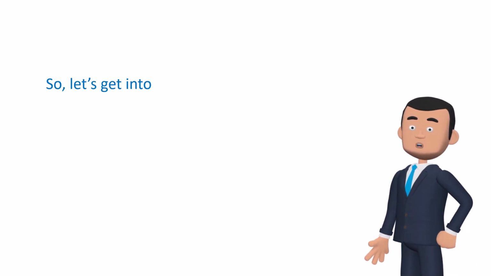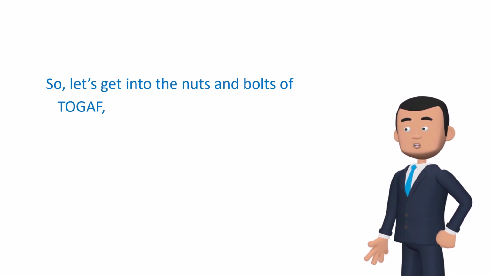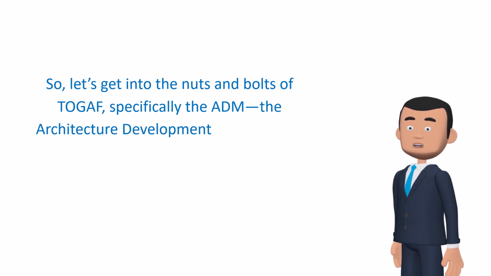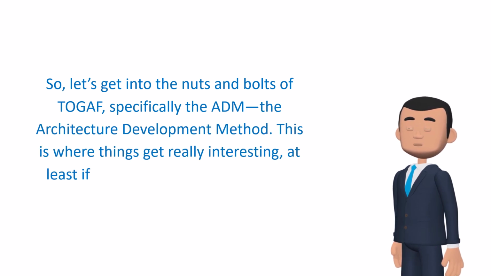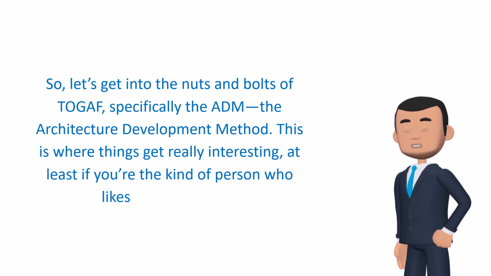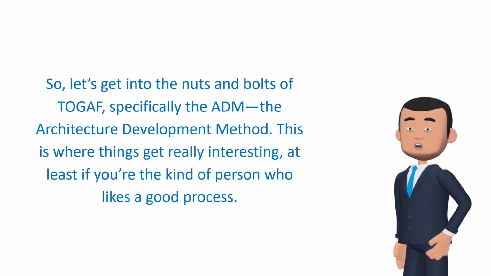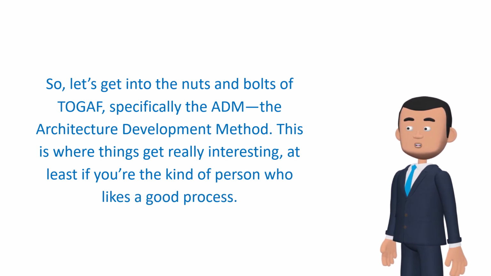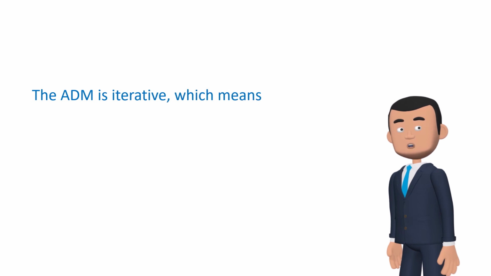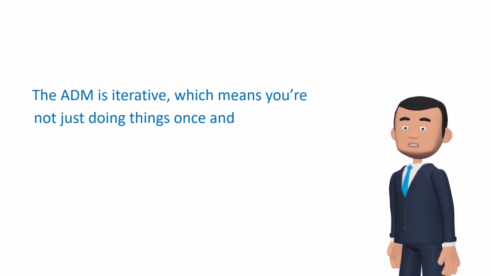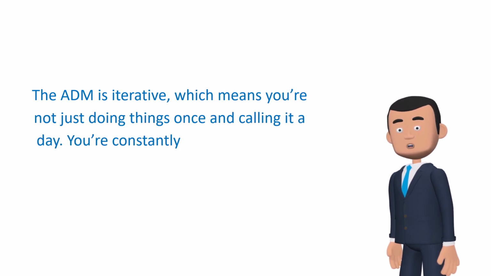So, let's get into the nuts and bolts of TOGAF, specifically the ADM, the Architecture Development Method. This is where things get really interesting, at least if you're the kind of person who likes a good process. The ADM is iterative, which means you're not just doing things once and calling it a day.